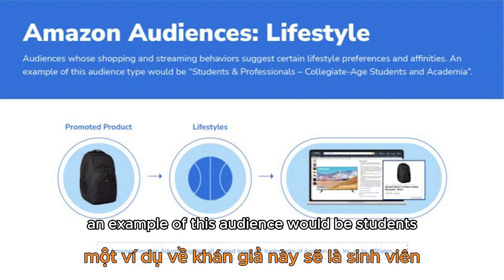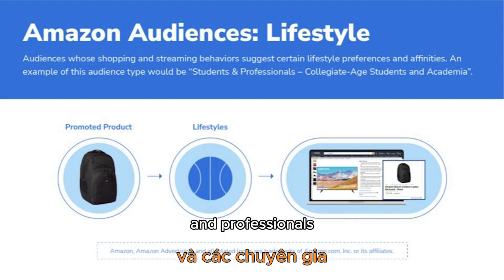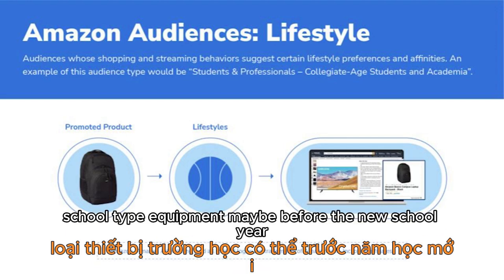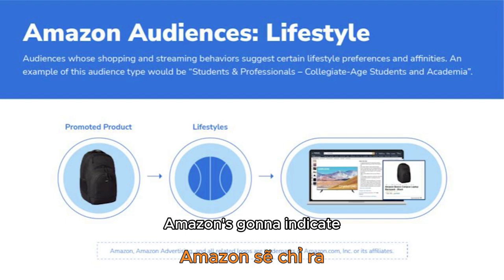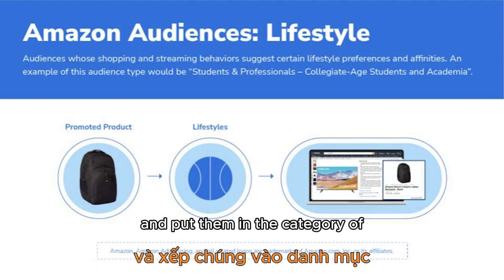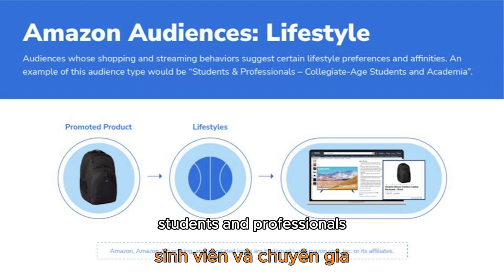An example of this audience would be students and professionals. Obviously, shoppers who have been buying a lot of school-type equipment, maybe before the new school year, Amazon's going to notice that particular shopping behavior and put them in the category of students and professionals.